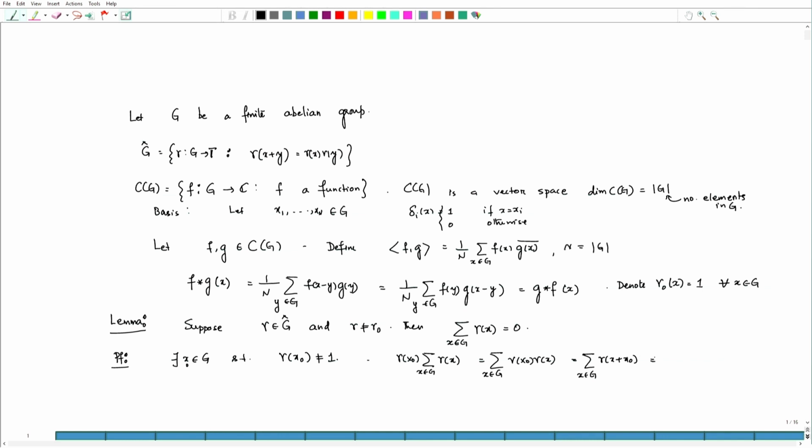Now if I make a change of variable, I am again over all elements in G, so this is the summation of gamma of y. This implies that 1 minus gamma of x naught times the summation over x in G of gamma of x is equal to 0. Now gamma of x naught is not equal to 1, therefore the summation over x in G of gamma of x is equal to 0.